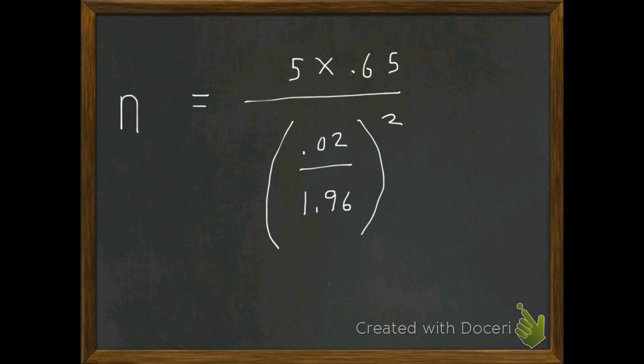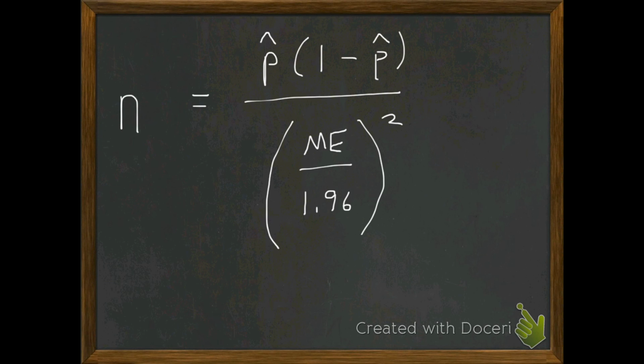If you think about that 0.35 in general, what is that? Well, that was just our p hat. If you think about the 0.65 in general, what was that? That was our 1 minus p hat. If you think about the 0.02, what did that represent in this problem?